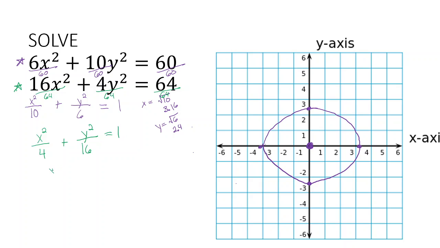So the major axis, the change in x, is going to be positive or negative 2. And the minor axis is going to be 4. So 0, 0, again, is my center. No h, k value. So for x, I go over 2, and I go over 2. And then for the y, I go up 4, and I go down 4.